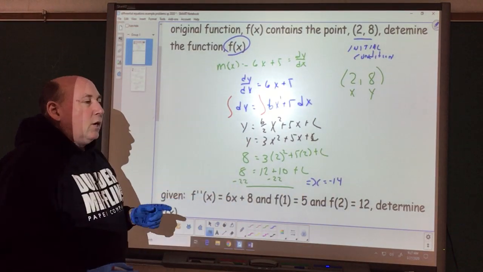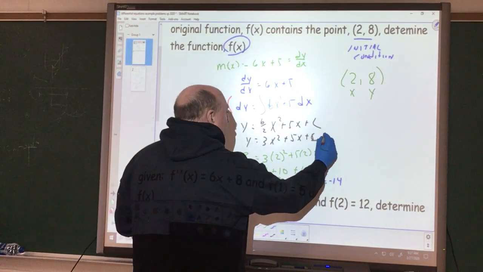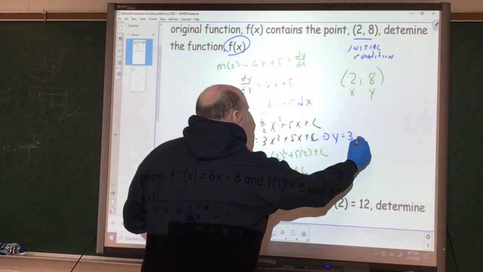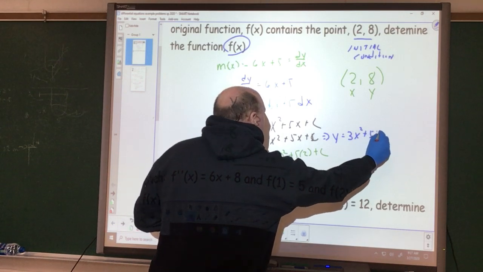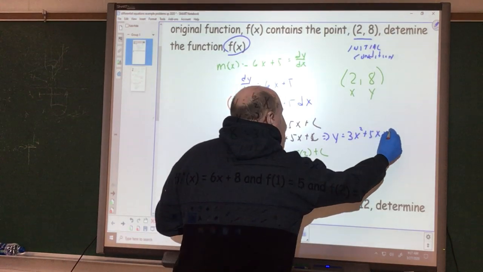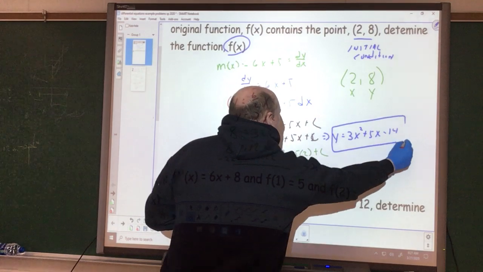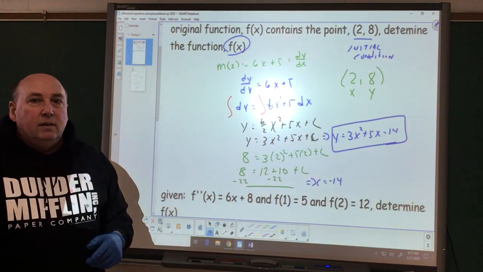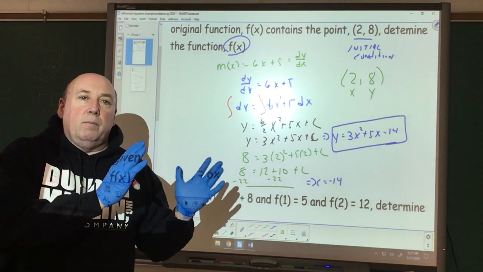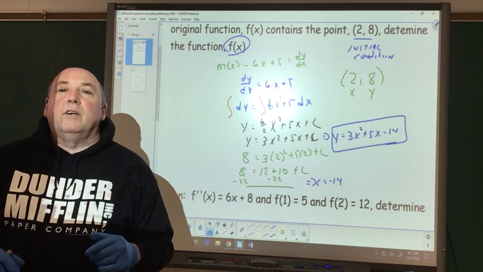So my original equation then, once again, is going to be y is equal to 3x squared plus 5x minus 14. So it allows us to go from the slopes of tangent lines back to what my function really was.